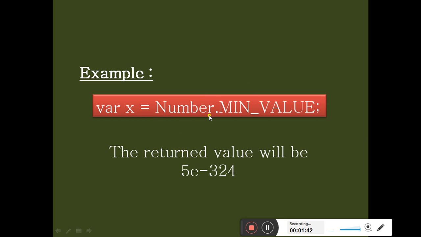Number is the object name and min value is the property. It will return the lowest number in JavaScript, that is 5 e minus 324. This is the lowest number in JavaScript.